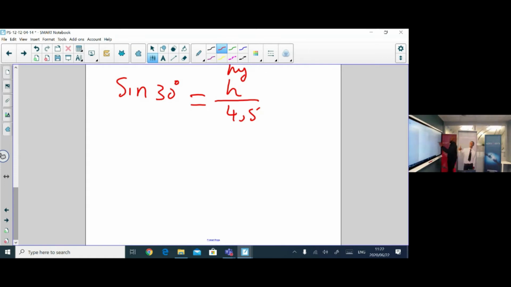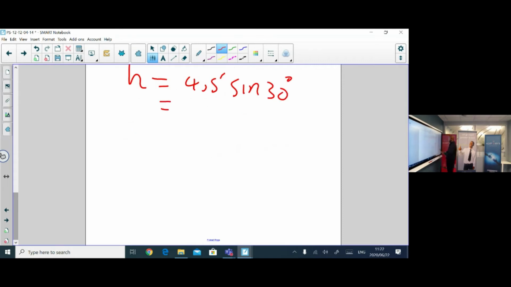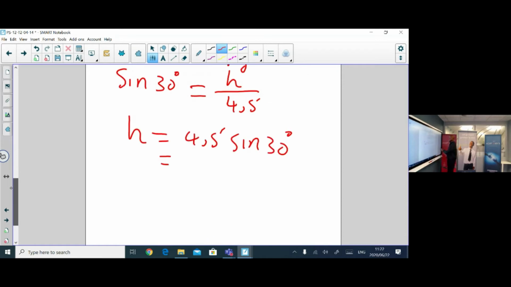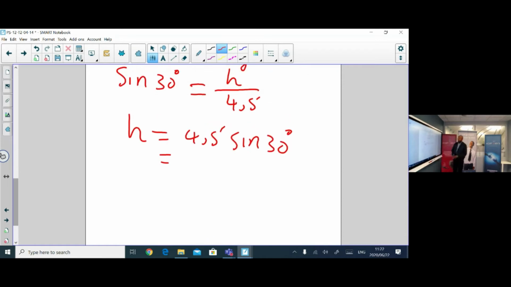Then h is equal to 4.5 times sine 30 degrees. Hopefully you have your own calculator. I need you to take it out and work out this h.